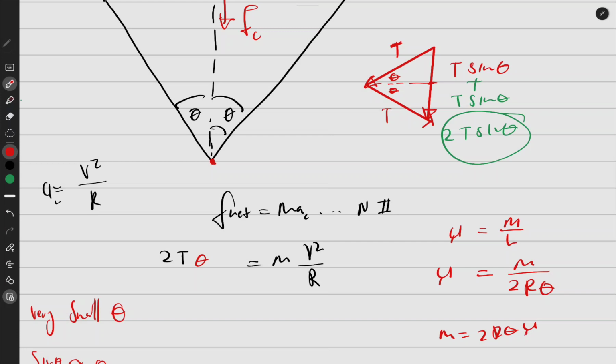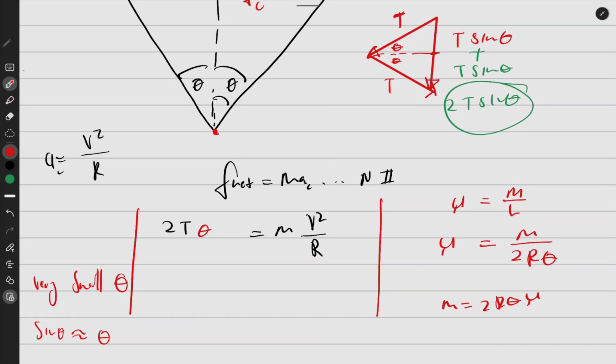Now we have a formula for mass, so we can just come here and plug it in. We will have 2T theta equals, for mass, 2r theta mu, times v squared all over r. We just substituted m there. From here we look at the common things. We can cut down 2, it's there, it's here.